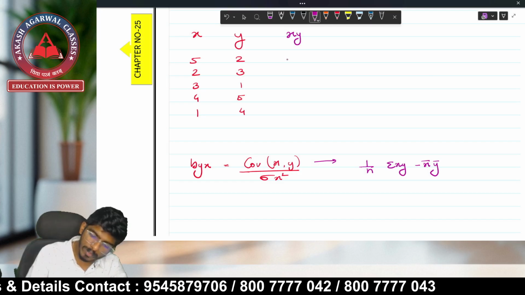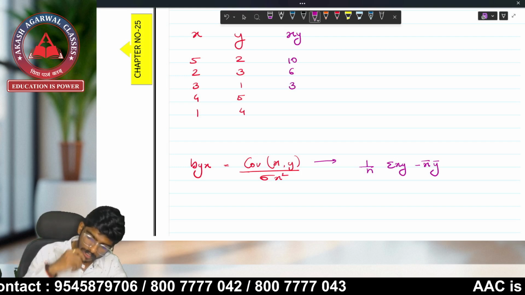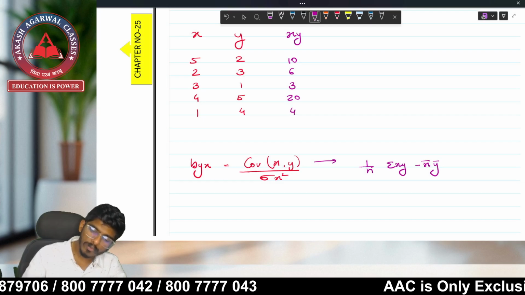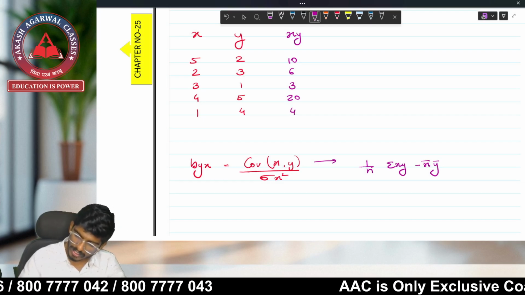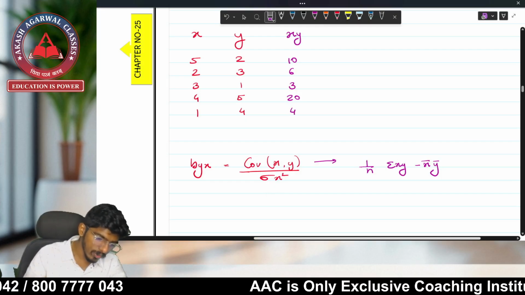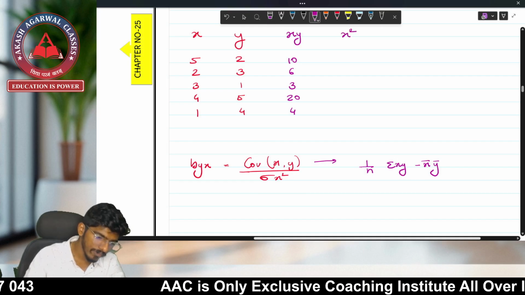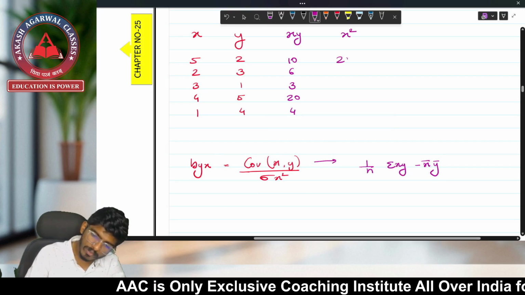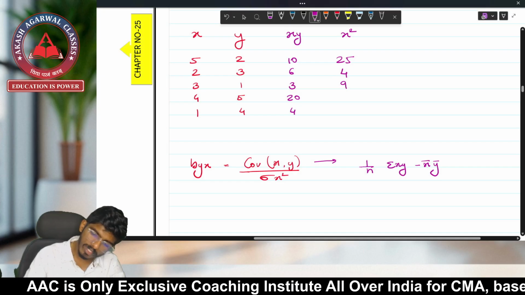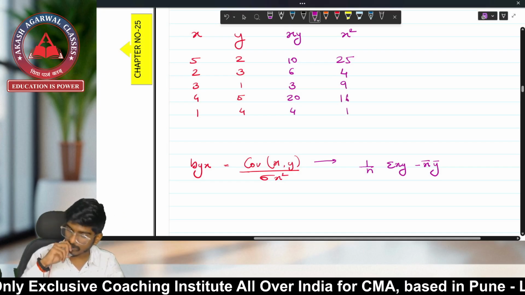So this is going to be 5 into 2, 10, 3 into 2, 6, 3 into 1, 3, 5 into 4, 20, 4 into 1, 4. And I also need x square. So my x square is going to be 5 square is 25, 2 square is 4, 3 square is 9, 4 square is 16, 1 square is 1.